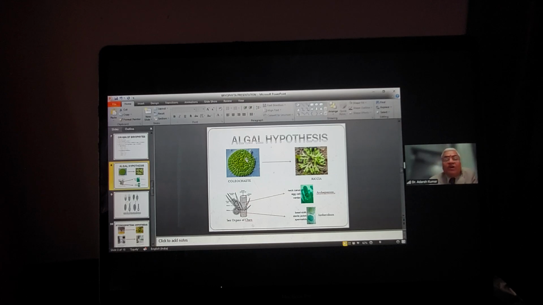And when the zygote divides by mitosis, as I showed in the last slide, it forms the embryo. And this embryo differentiates and forms the capsule, and its example is Riccia.